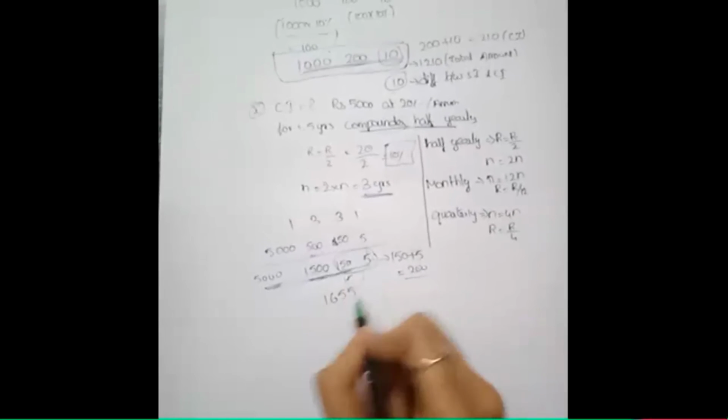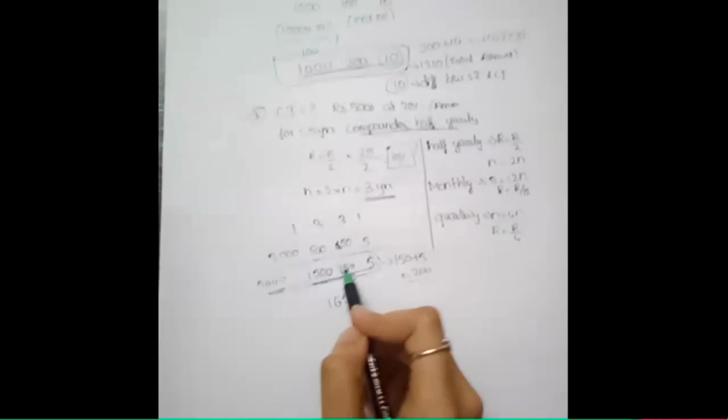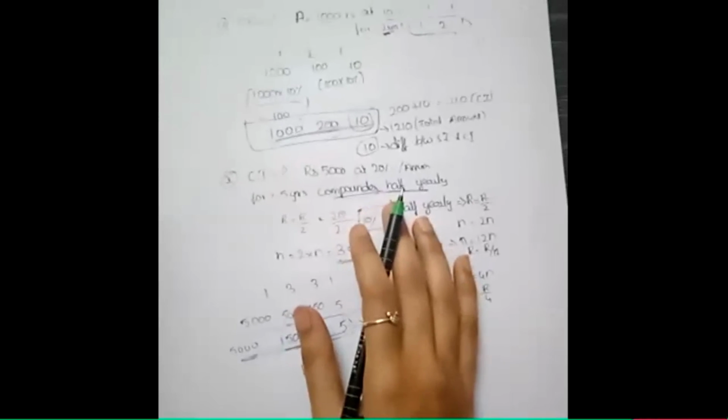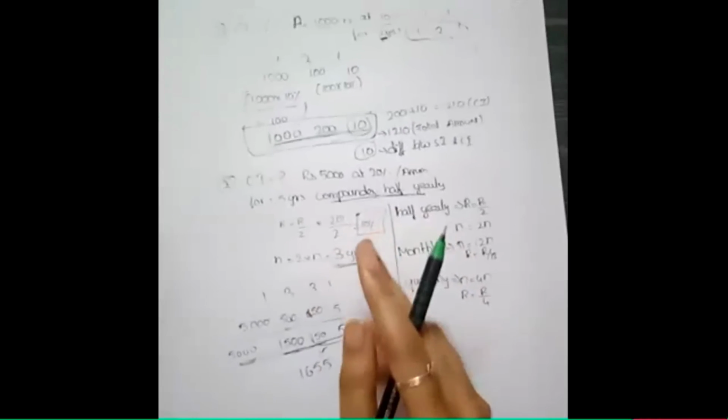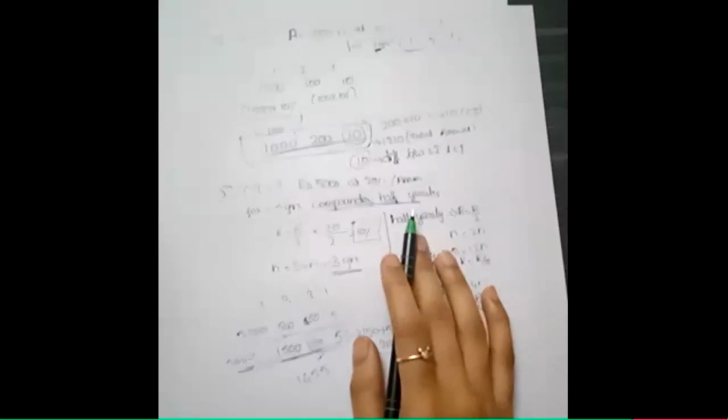These 3 are CI and these 4 are the total amount. Keep this in mind. A very simple concept. We have to keep only 2 or 3 rules in mind. We'll do the 3 types of compound interest. That's all. Very simple.